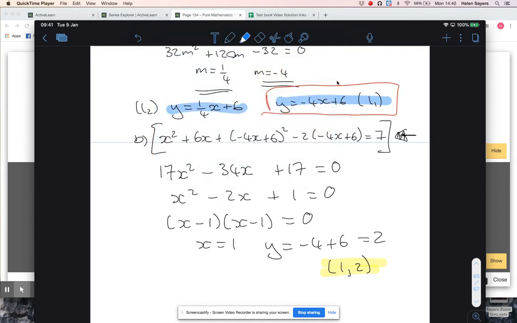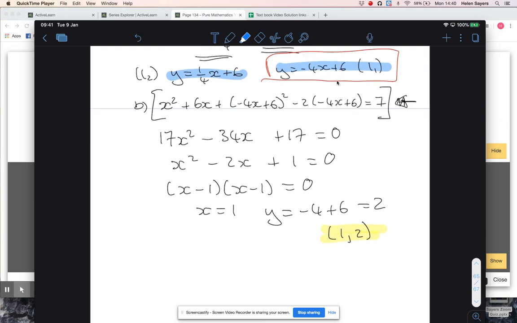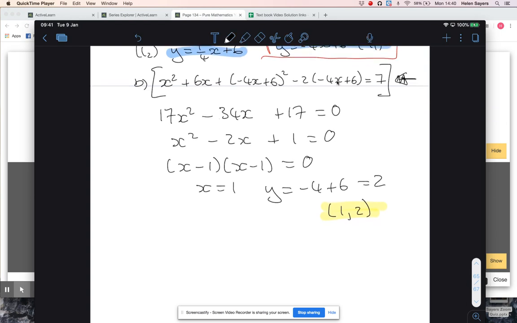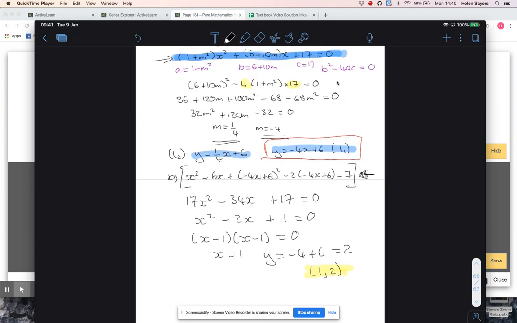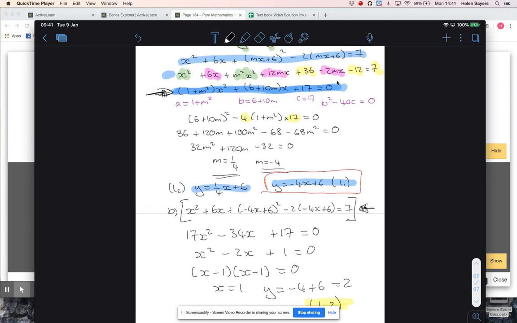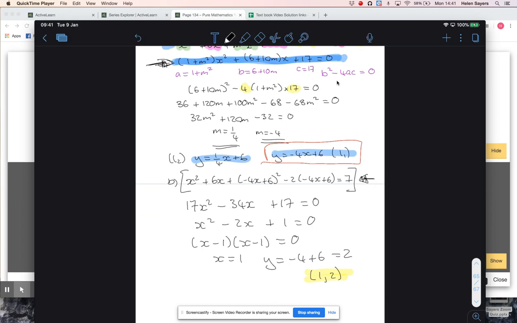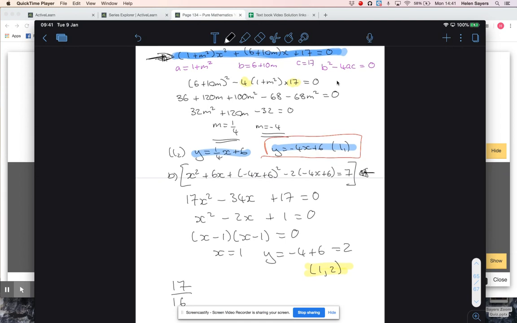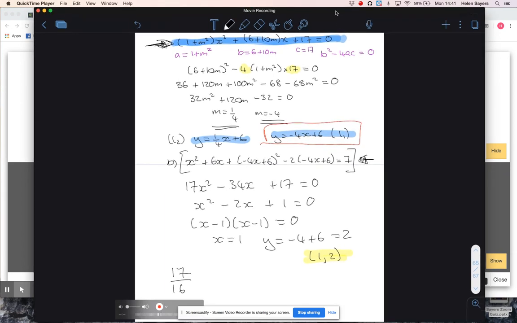Okay, so then we do exactly the same thing, but using m is a quarter. So again, I'm going back up to this line here. If m is a quarter, that is going to become 1 plus a quarter squared, which is 17 over 16x squared.